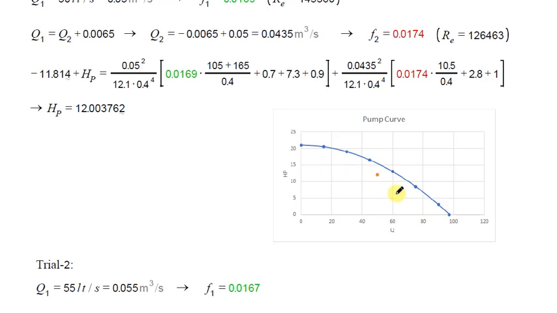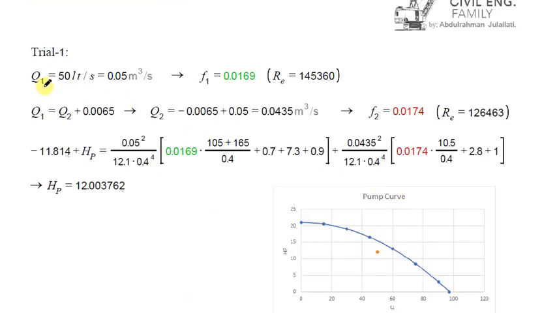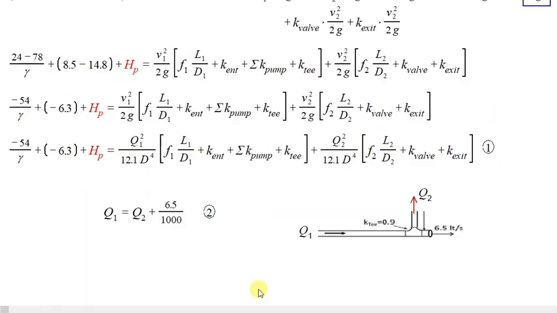We did the curve. Then we should assume, for example, I assumed Q1 as 50. Then I found F1. This is just quick. Reynolds is there. Then Q2, because in the equation we need Q2 as well. Q1 we got, we need Q2.